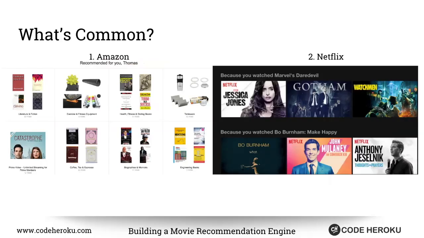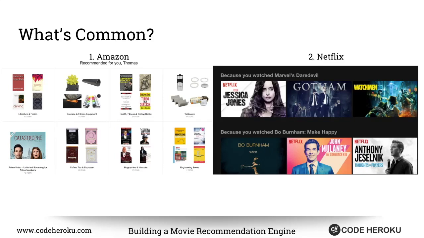I have a question for you. What do you see on the screen? What's common between these two pictures? Please send me your answers on the chat window. So Naman says they are recommendations, of course.